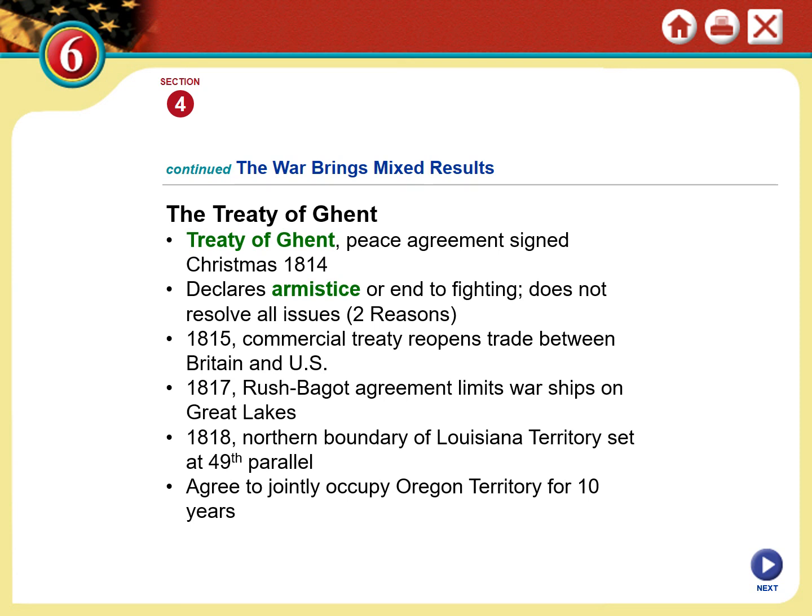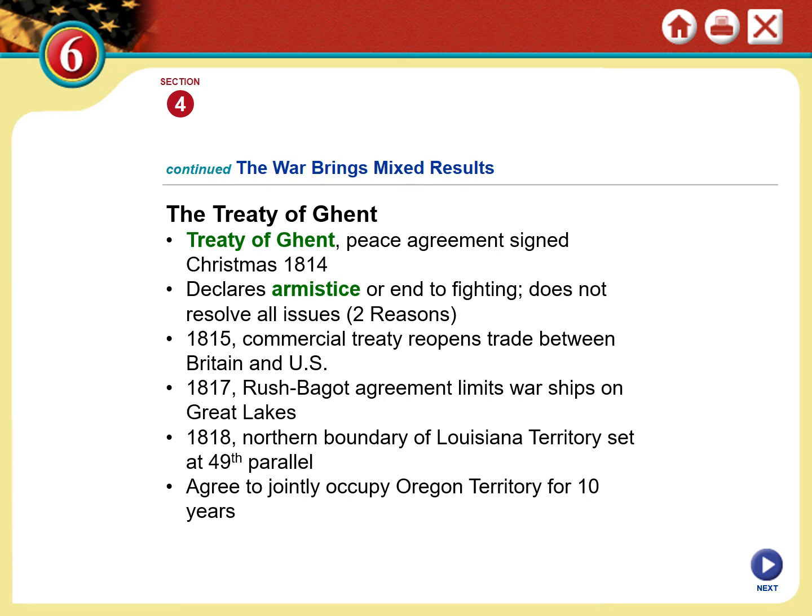And the agreement made between the two nations that would resolve the conflict was that commercial treaties could reopen trade between Great Britain and the United States. Even though they were at war with France still, we can resume business. A separate treaty called the Rush-Bagot Agreement limited British warships on the Great Lakes.